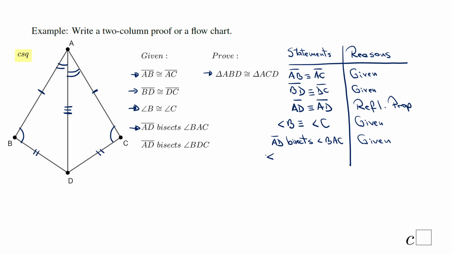Angle BAD congruent to angle CAD. And this is the definition of angle bisector.